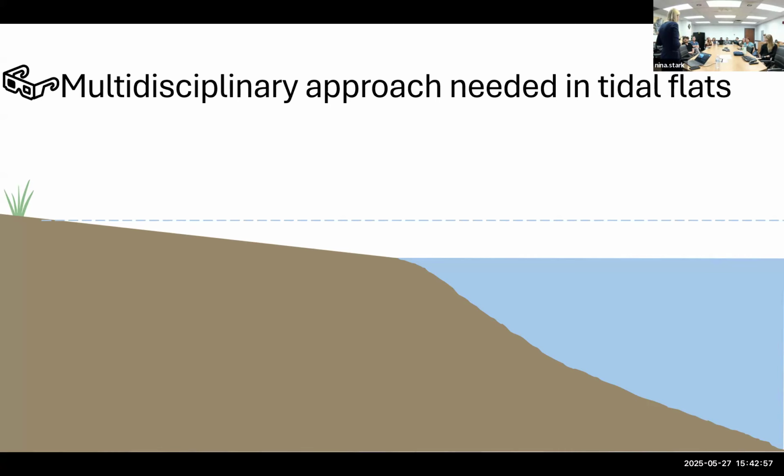And it's the same in the tidal flat research. So you need this multidisciplinary approach to solve this problem and to understand trafficability in complex environments. And yeah, this is why I think it's really important to turn technical measurements into operational knowledge.